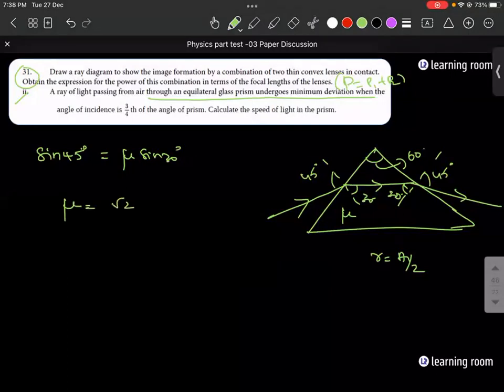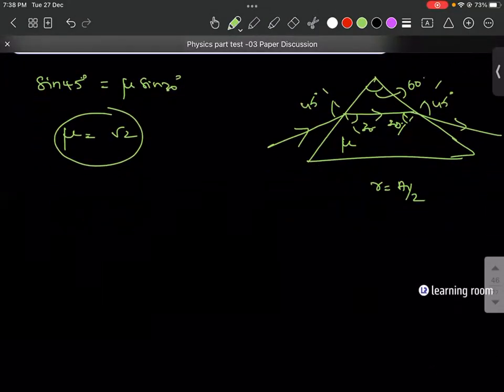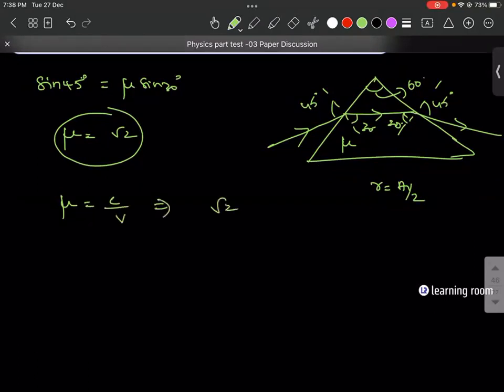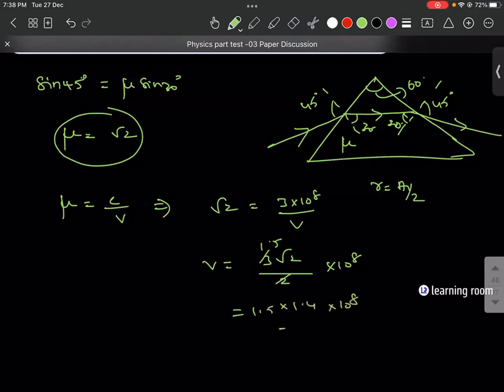So what is the value of mu? It will be root 2. Mu is equal to the speed of light in vacuum divided by the speed of light in the medium. So root 2 is equal to 3 into 10 power 8 divided by v. So v will be 3 root 2 by 2 into 10 power 8, that is 1.5 into 1.4 into 10 power 8, approximately 2.1 into 10 power 8 meters per second.